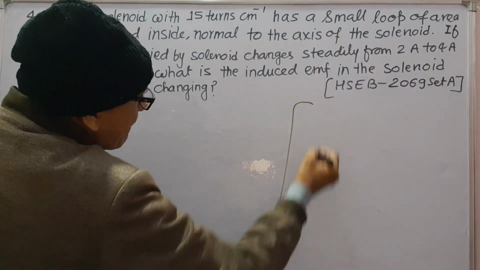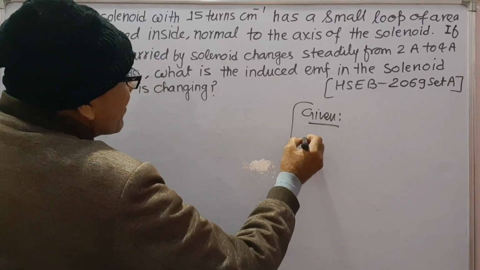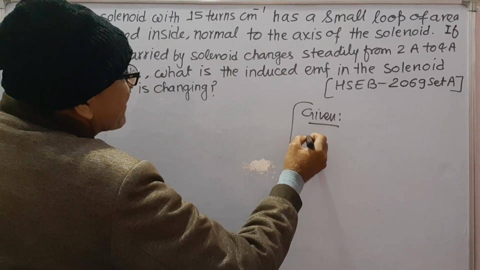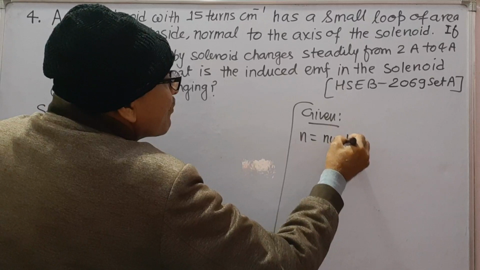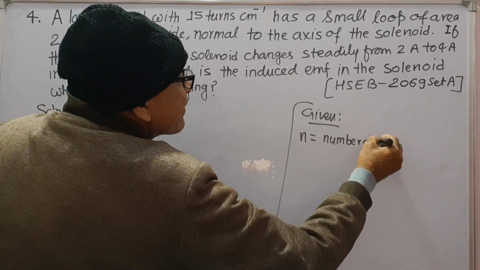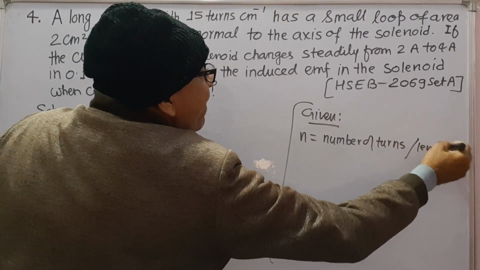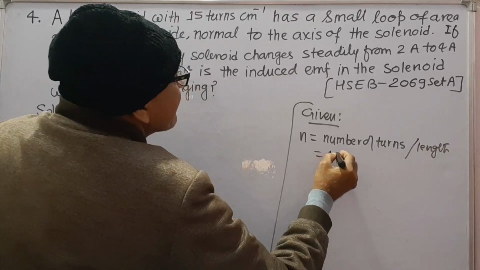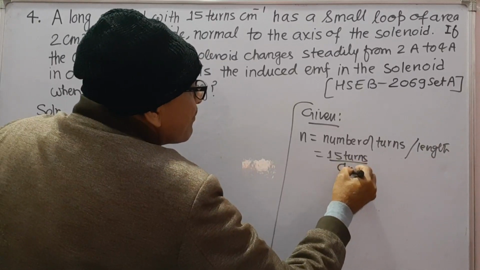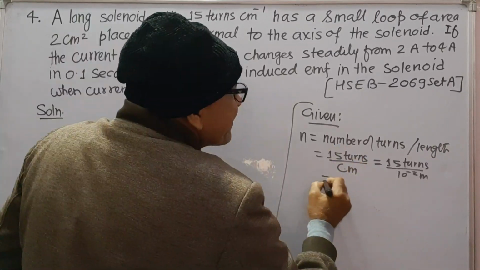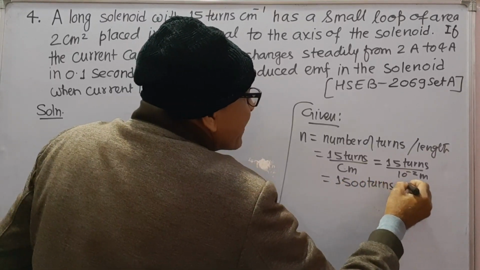Here given, number of turns per unit length small n is equal to 15 turns per cm, which is 1500 turns per meter.